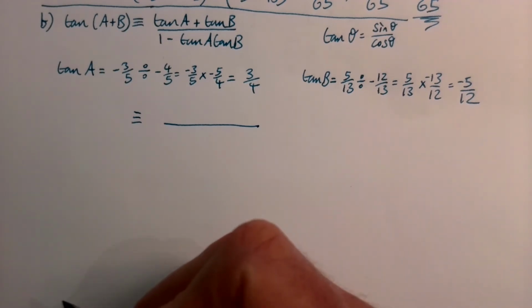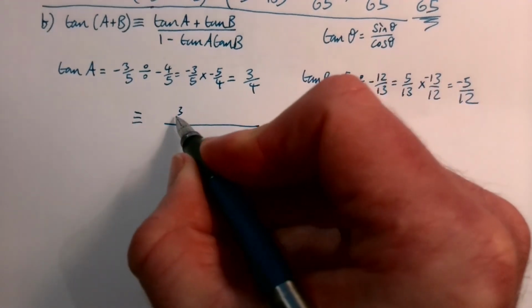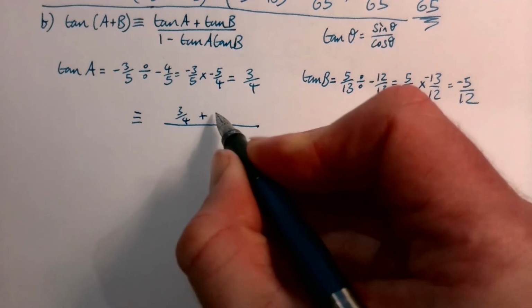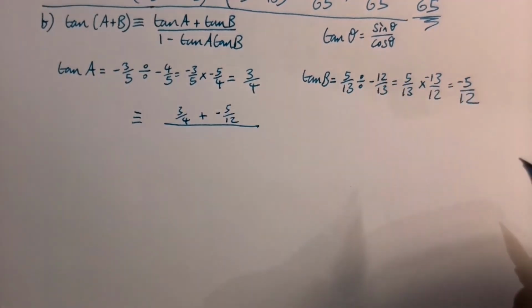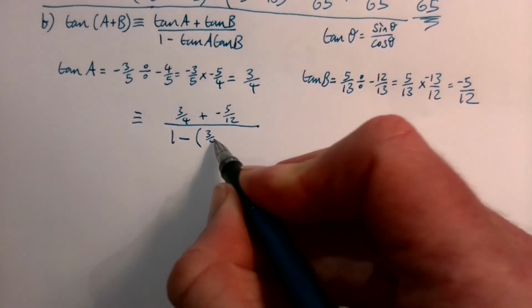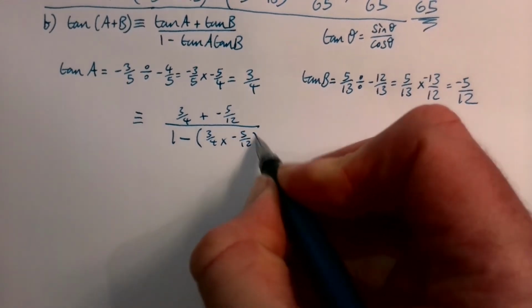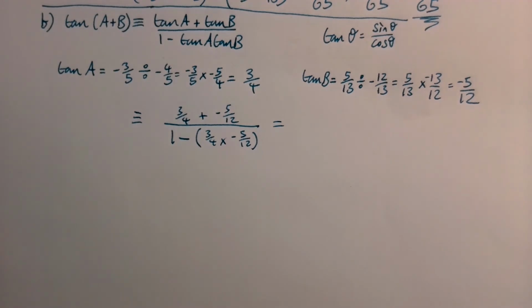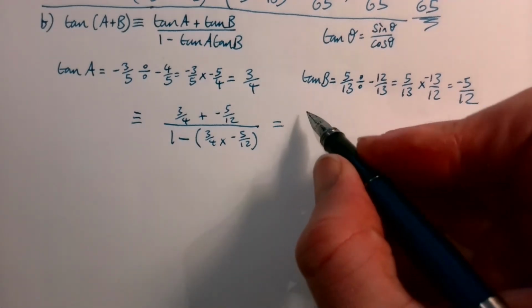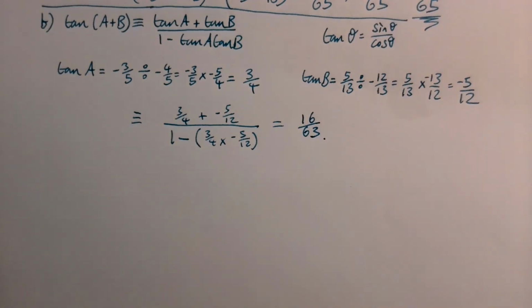So I've got 3/4 plus -5/12, and then I've got one take 3/4 times, because it's tan A times tan B, -5/12. Whack that all in the calculator and see what you get. And it should all come out as 16/63. And you can show more working in between if you want to, but you don't have to.